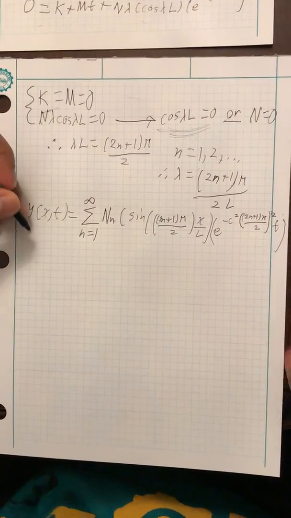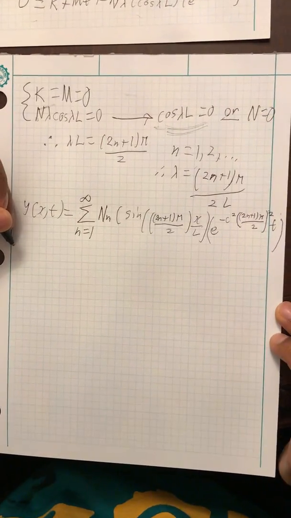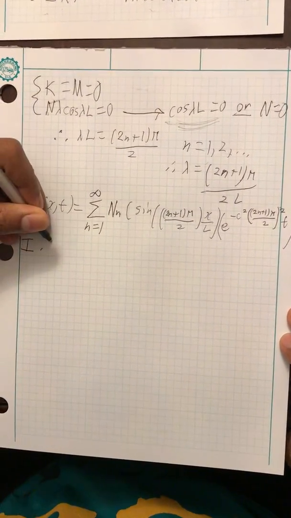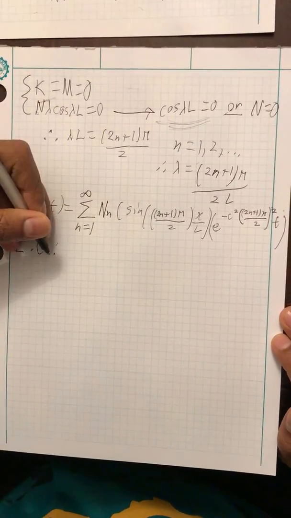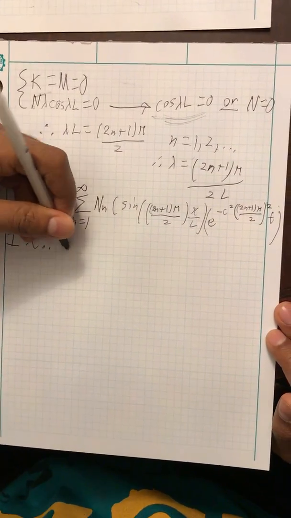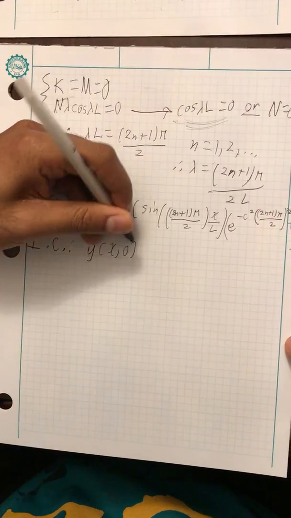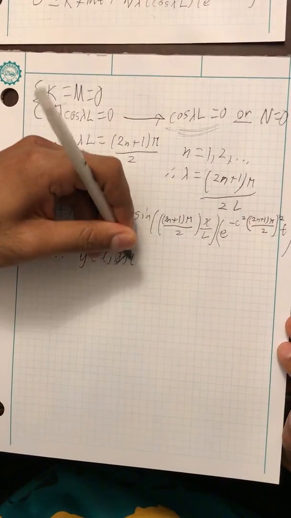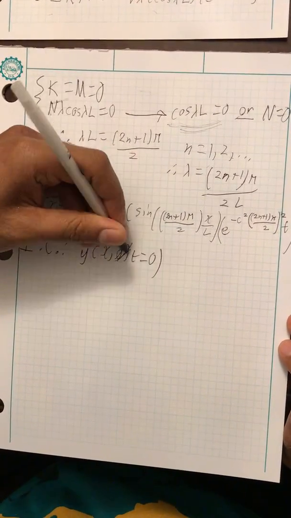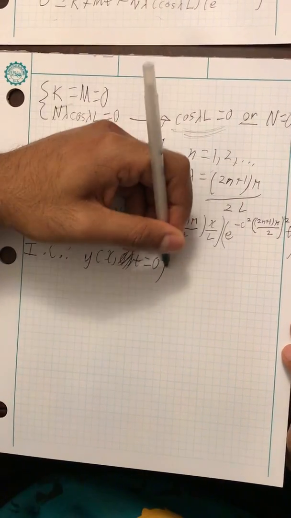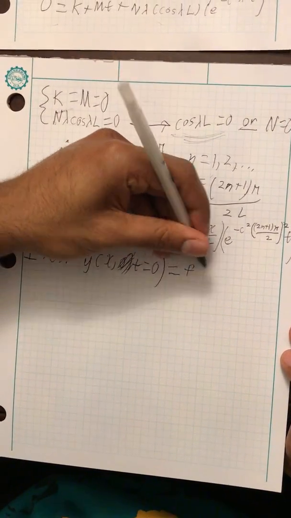And carrying on, now we can finally stick in our initial conditions. So first of all, y(x,0), or I can write y(x,t) with t equals 0, to stay consistent, equals f(x).